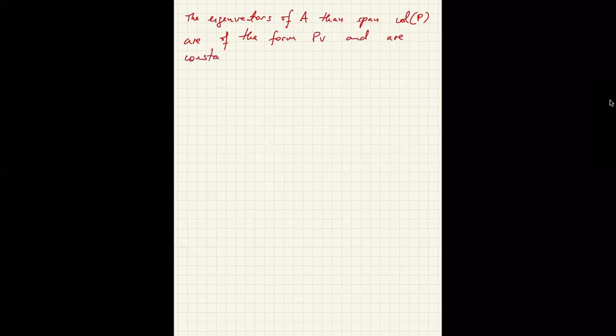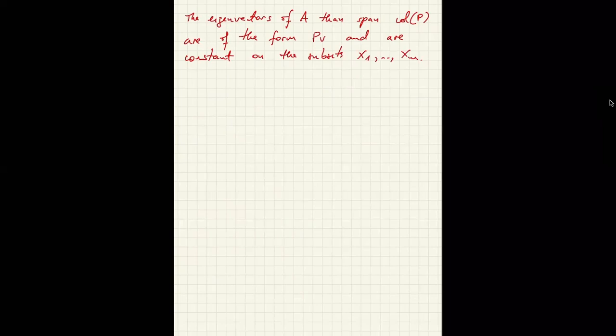So that means that the eigenvectors of A that span the column space of P are of the form Pv, the ones that we just discussed, and are constant on the subsets x1, x2, x3. Okay, so this is just a reformulation, in some sense, of part 1.